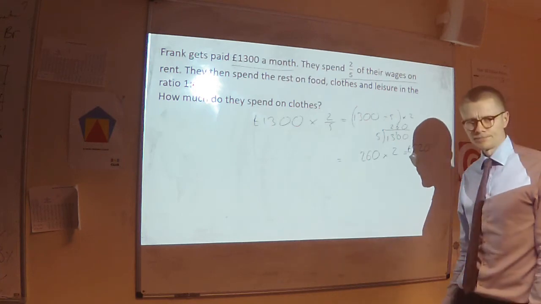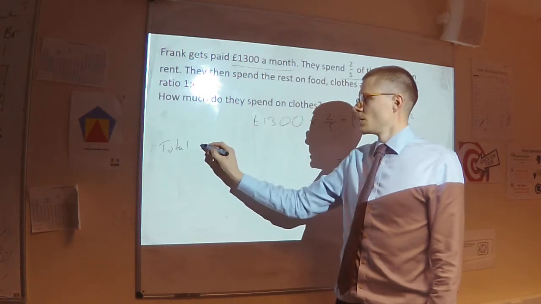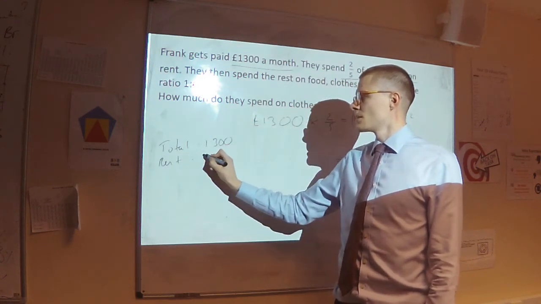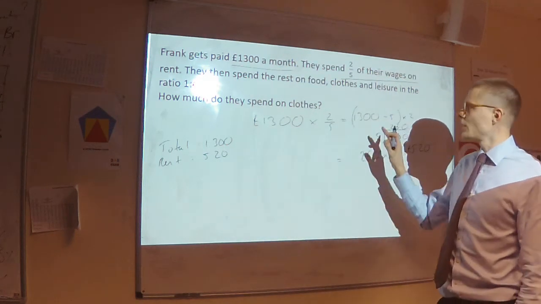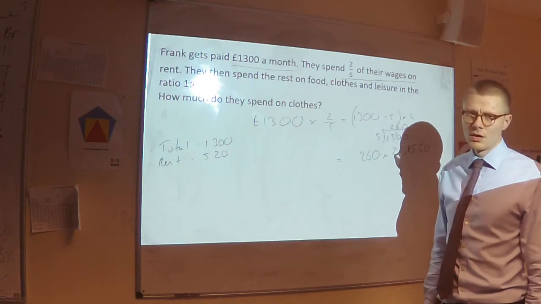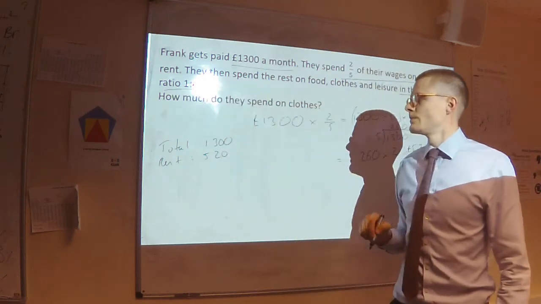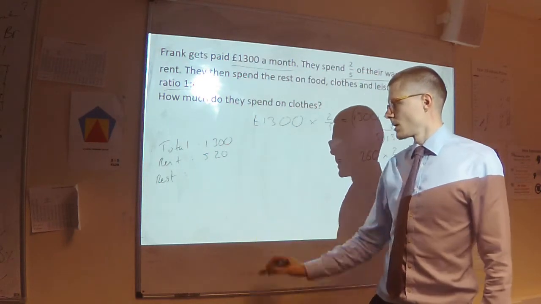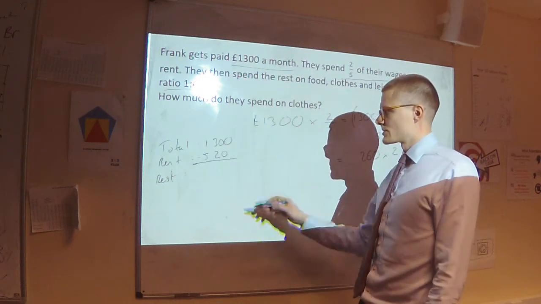£520 is spent on rent. So I've got a total of 1,300, and rent is £520. I know they split the rest in this ratio, so I need to know how much the rest is. So I'm going to subtract these. 1,300 minus 520.